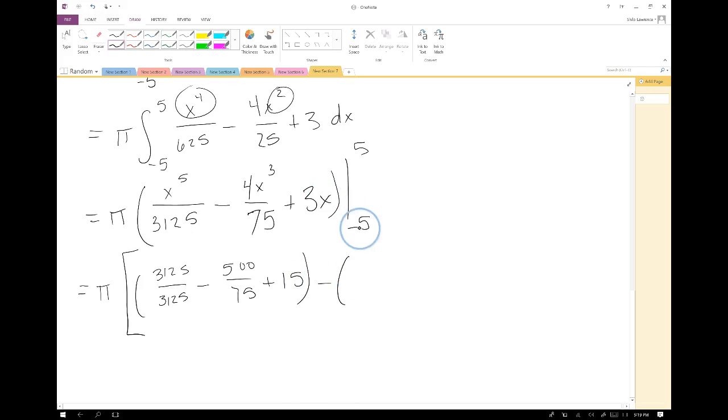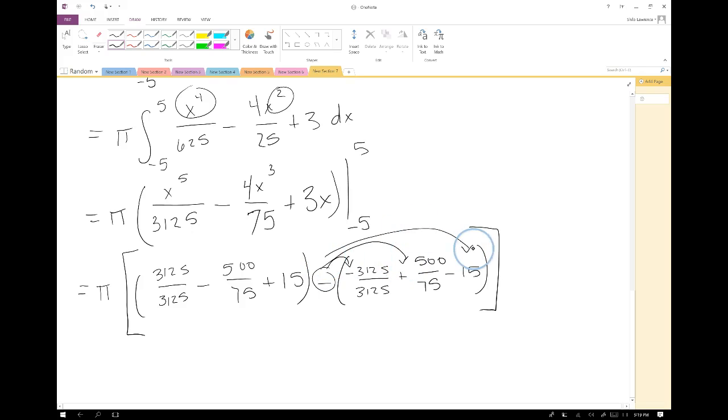Then we subtract what we get when we plug in negative 5, which is going to be the exact same numbers but opposite signs. So negative 3125 over 3125 plus 500 over 75 minus 15. Now, they don't cancel because they're opposites, because technically we need to distribute this minus sign to all of them.